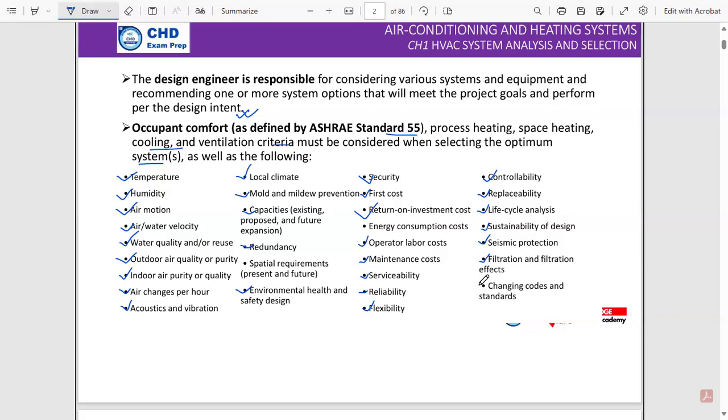Filtration is important. Changing codes and standards. Right, so all of these are important factors that you are going to consider before designing a project.